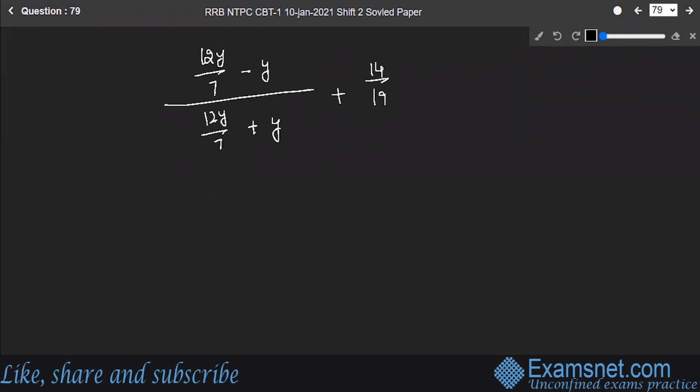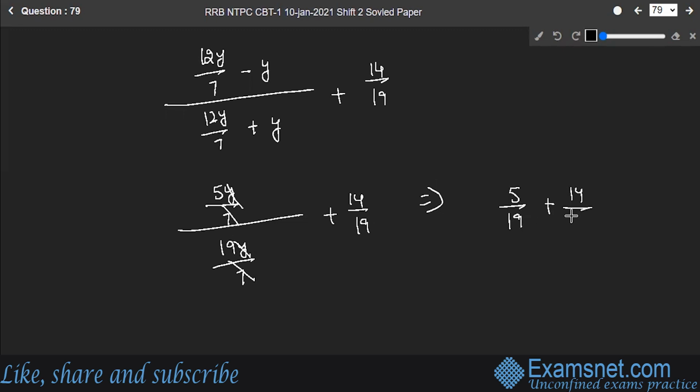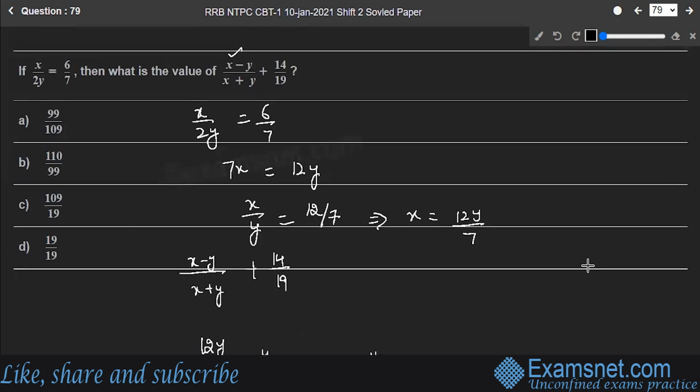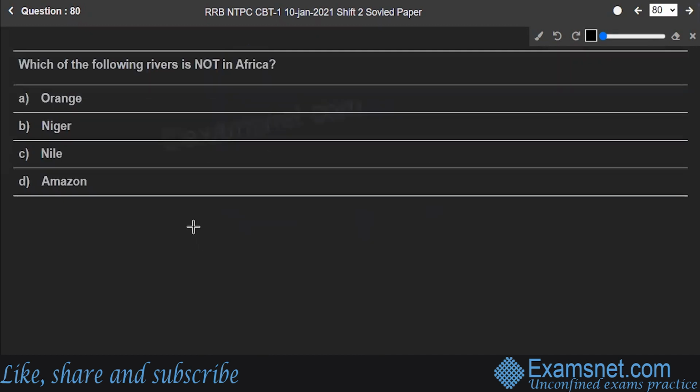So 12y minus 7y will be 5y upon 7, whole divided by 19y upon 7, plus 14 upon 19. This 7 and 7 will cancel, y and y will cancel. So 5 upon 19 plus 14 upon 19 is equal to 1. Right. So the required value is 19 by 19. 1 is not there, but 19 by 19 is there. So option D is the correct answer. Hope you understood this.